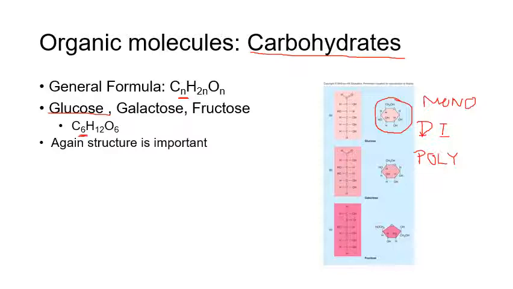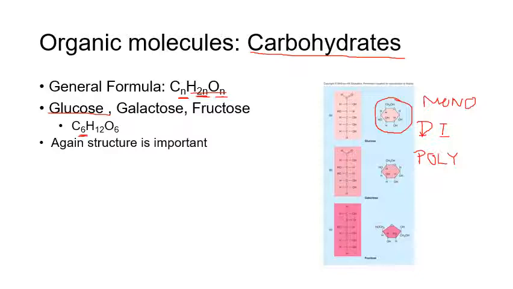Any carbohydrates will have double the amount of hydrogen per carbon that they have, and each carbon will have an equal amount of oxygen. Therefore, carbo, and this is H2O, hydrate: carbohydrate.